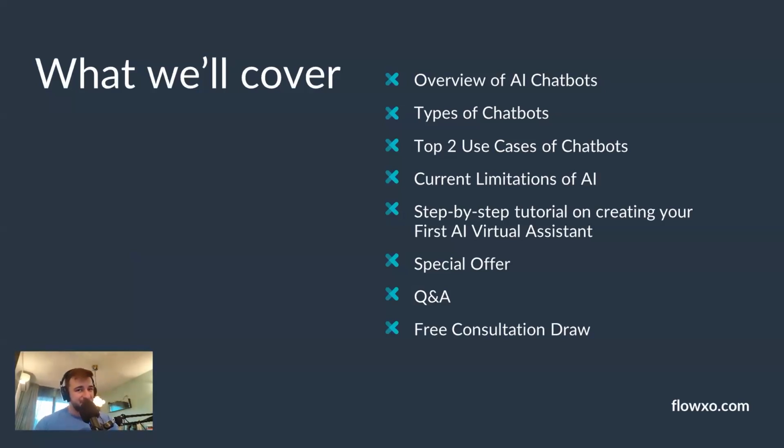Then we'll dive into the actual meat and potatoes, which is the step-by-step tutorial on creating your first AI virtual assistant. After that, we have a very special offer for everybody attending. We'll jump into a Q&A and we'll end it with a free consultation draw. I urge you to stay by the end of this webinar, by the way. We've made sure for everybody who's attending to get value out of this webinar, like real value.